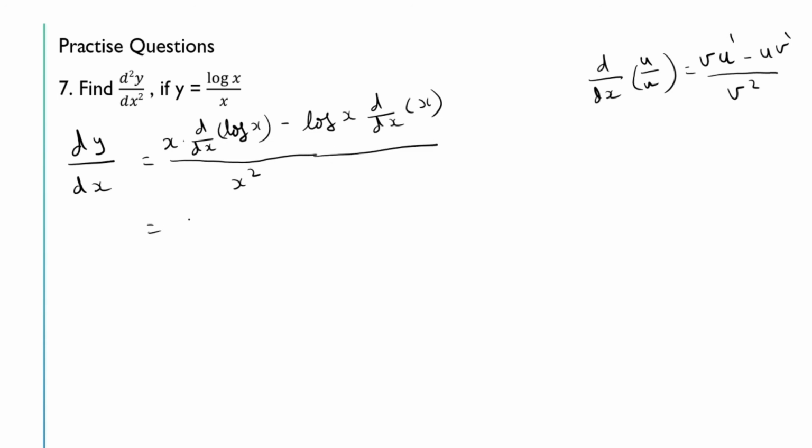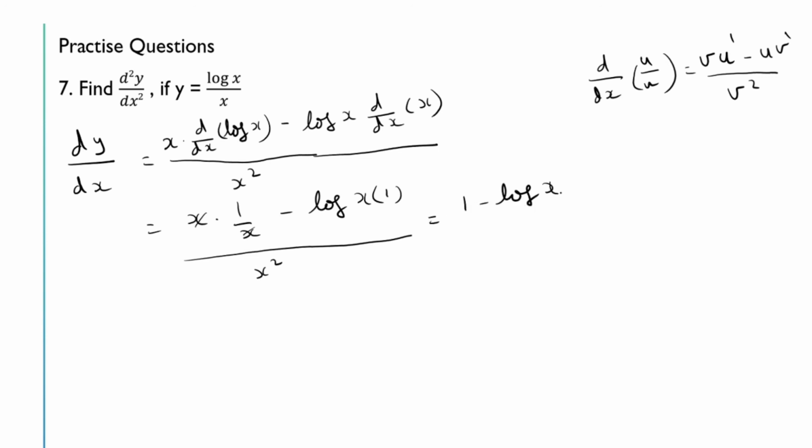So this is equal to x into 1 by x minus log x into 1, since the derivative of log x is 1 by x, the whole divided by x square. So this is equal to 1 minus log x by x square.